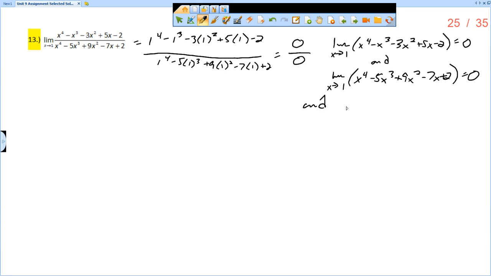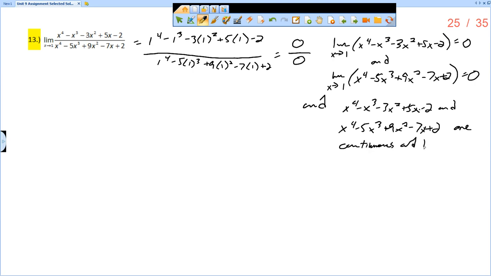And x to the fourth minus x cubed minus 3x squared plus 5x minus 2 and x to the fourth minus 5x cubed plus 9x squared minus 7x plus 2 are continuous and differentiable at x equals 1. Now, that is a big pain, but yes, you need to say it in a free response setting.